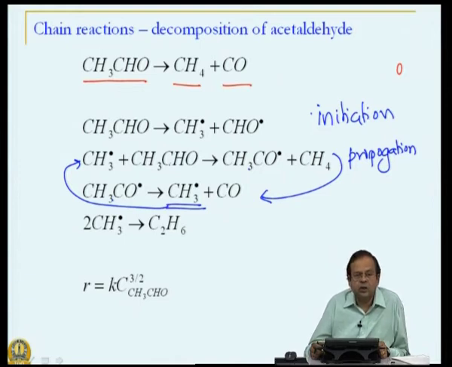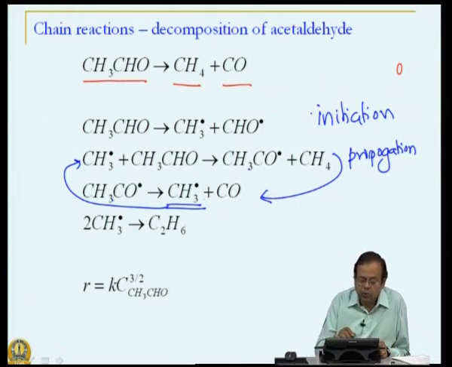That is, acetaldehyde decomposition does not end only when acetaldehyde is exhausted, and it does not happen at an infinitely fast rate, which implies that there must be some other reaction which is taking away the important constituent which keeps this reaction propagating, namely this methyl radical.